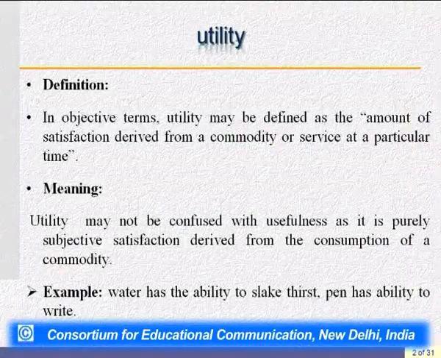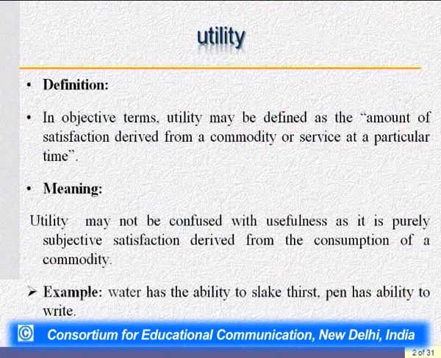In earlier slides we discussed the principles of microeconomics. Now we are going to look at some other principles of microeconomics under the utility features. Here you can see that utility may not be confused with usefulness, as it is purely subjective satisfaction derived from the consumption of a commodity. Every product and service is capable of satisfying you according to your wants.